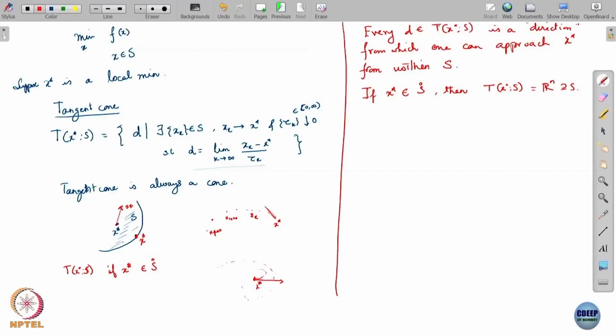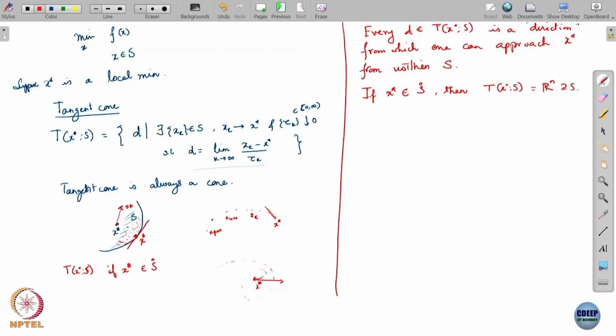Now, if you are on the boundary of the set and it is possible to approach the point x star from the interior, then all such possible directions are included in the tangent cone. And you can keep including directions that just graze past the boundary of the set, till eventually you become just tangent to the set.